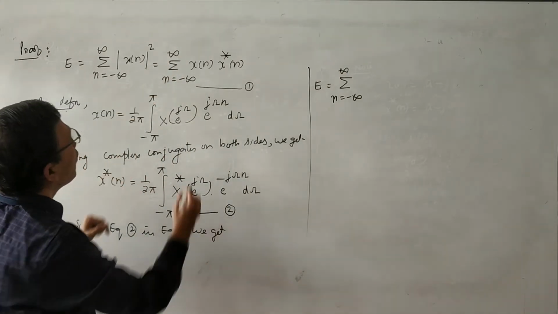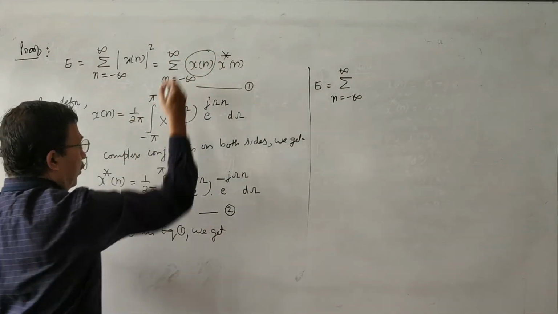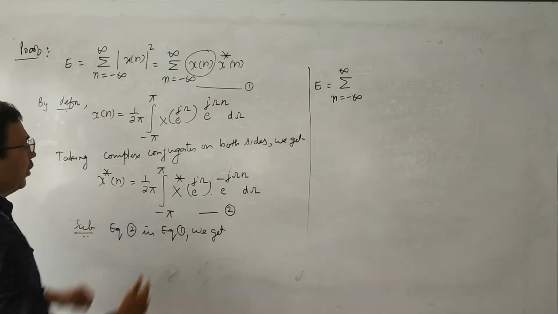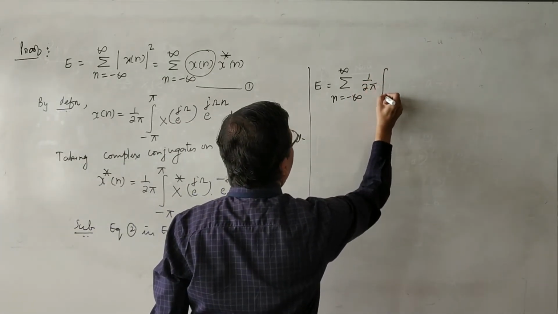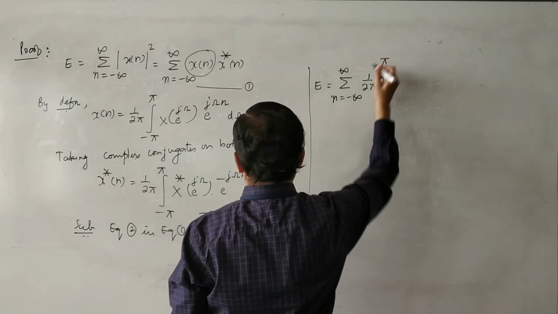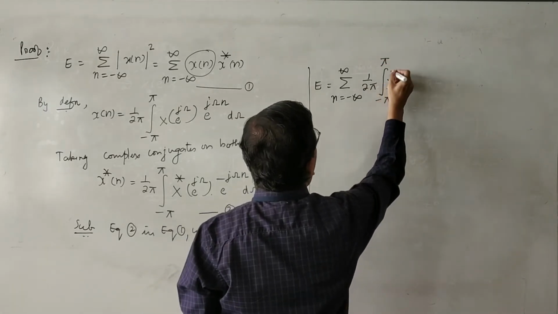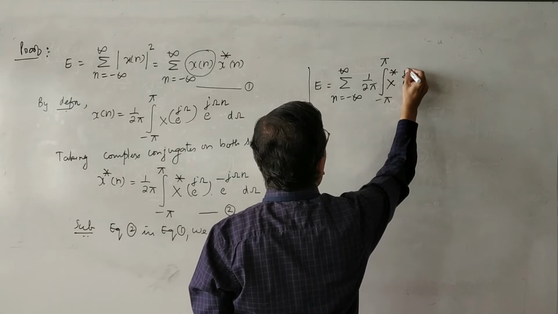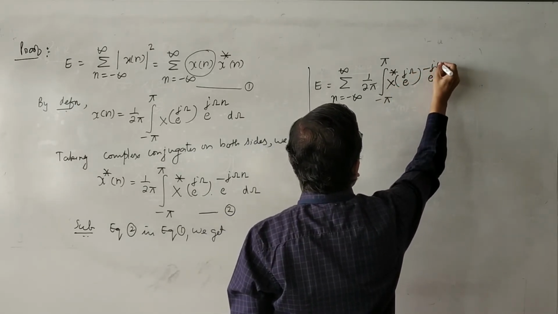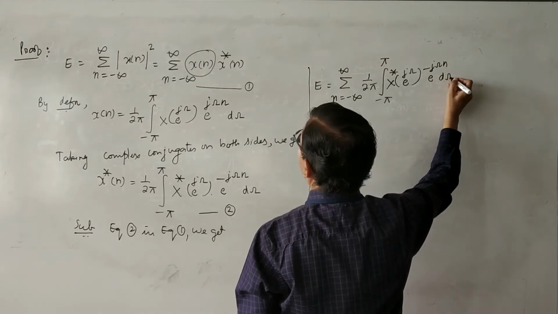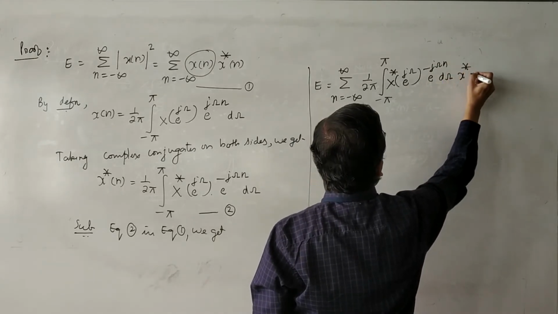In equation 1, x of n you replace by the right hand side of equation 2: 1 by 2 pi integration from minus pi to plus pi X conjugate of e to the power j omega into e to the power minus j omega n d omega into x conjugate of n.